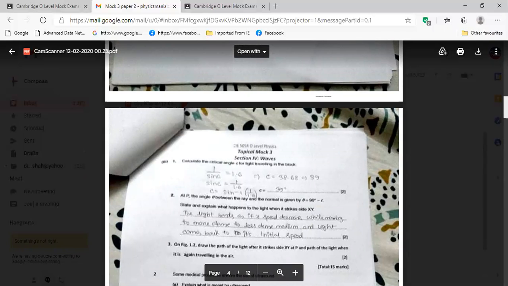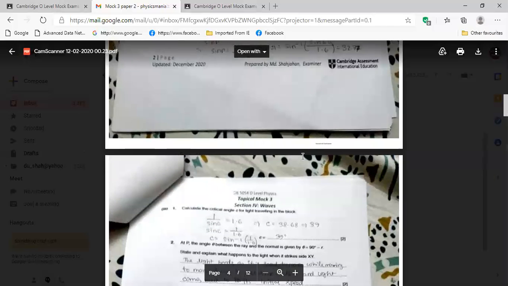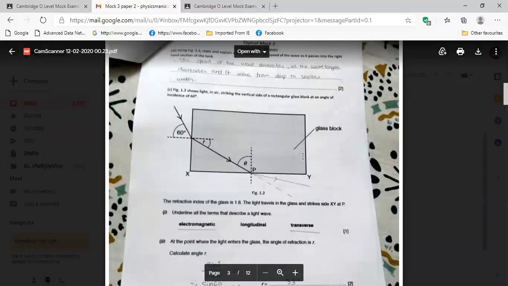So you got the critical angle 39 degrees. If your angle of incidence theta is, as you said, 57 degrees, which is greater than the critical angle, then it will be total internal reflection, right? So here you got it wrong, right?